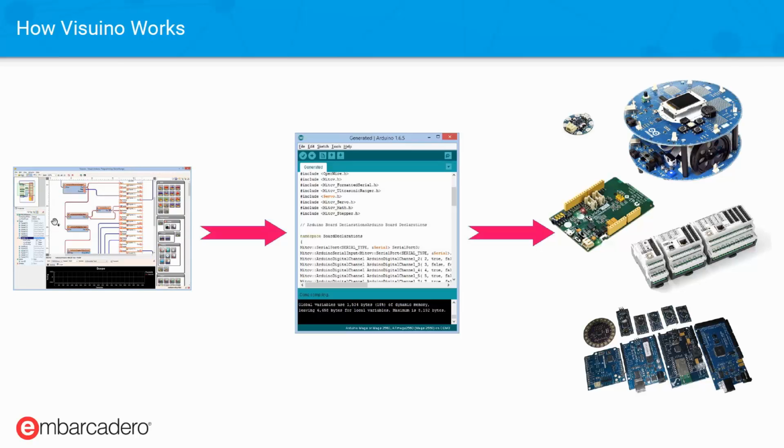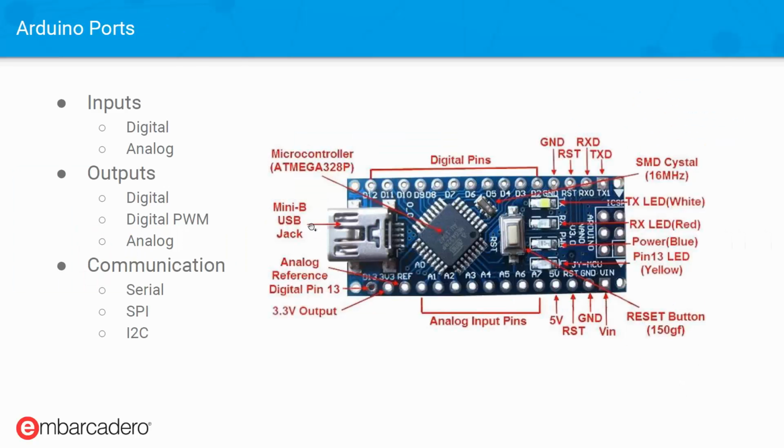Once the design is finished, by clicking a button, Visuino will generate the Arduino code and open the Arduino IDE, and from here, by clicking another button, you can upload the code to a variety of Arduino and Arduino-compatible boards. The IoT kit that I will use for this session includes an Arduino Nano, like the one shown in the picture.